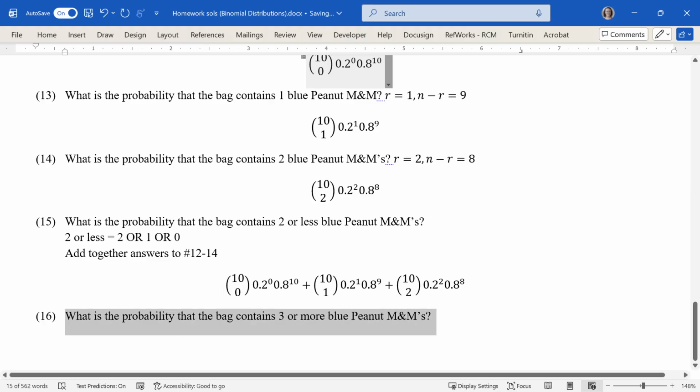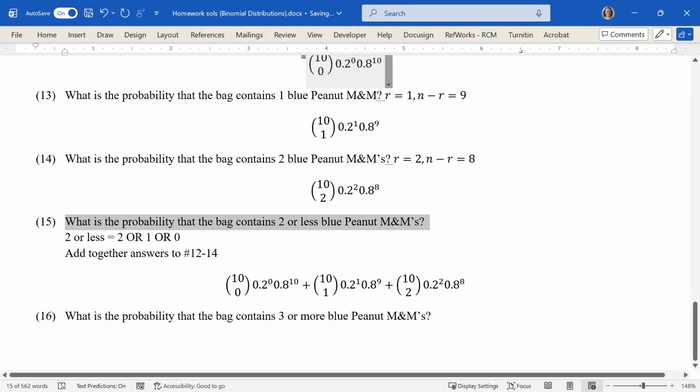Okay, so the last one, what is the probability that the bag contains 3 or more blue peanut M&Ms? So we could figure this out by getting the answers for exactly 3, 4, 5, 6, 7, 8, 9, and 10, and then add those together. That would be too much work though, because all you have to do is realize that 3 or more is the opposite of 2 or less.